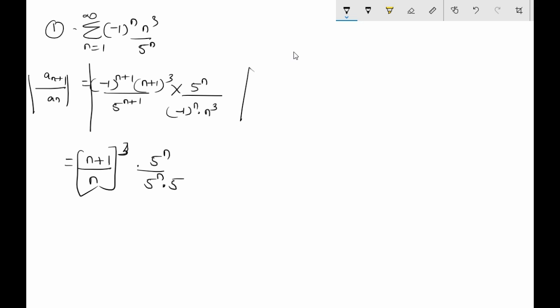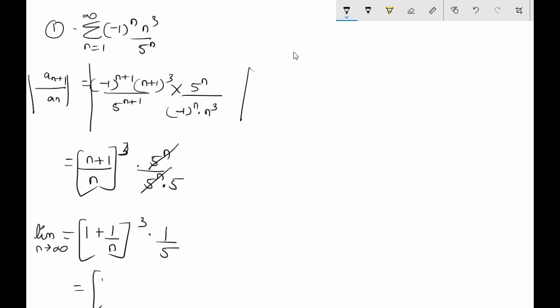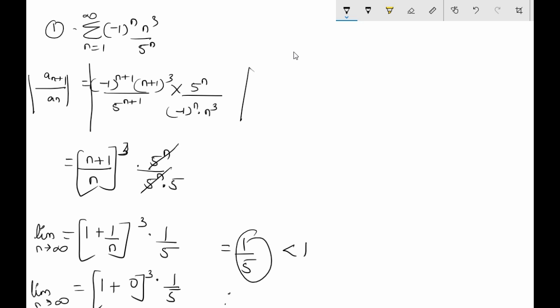So here 5^n and 5^n get cancelled, and by dividing by the highest power, we get (1 + 1/n)^3 into 1/5. Taking the limit as n tends to infinity, we get (1+0)^3 into 1/5, which is equal to 1/5, where 1/5 is less than 1. Therefore, we can say that this series is convergent by ratio test.